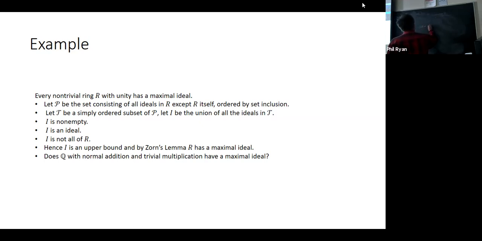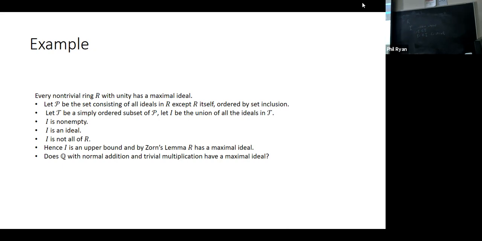So it's an additive subgroup, and R times I is contained within I, for r in R. So multiplication is going to be from the whole ring.